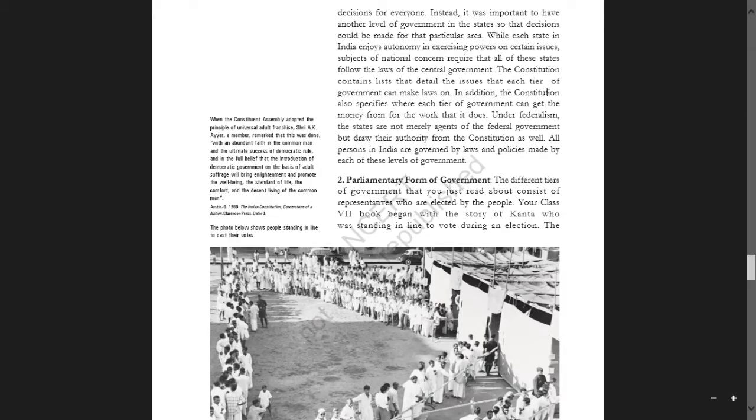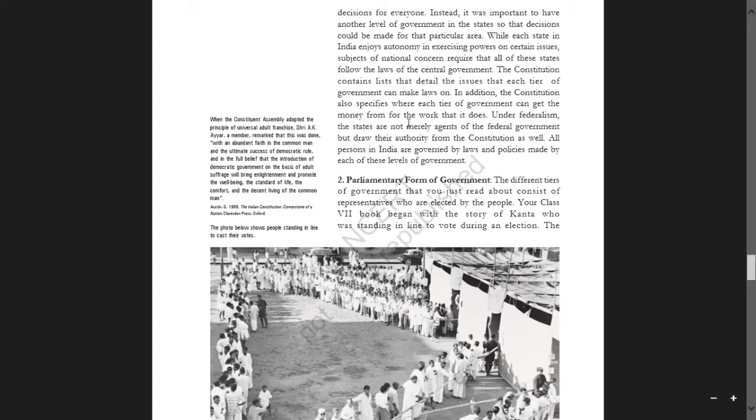In addition, the constitution also specifies where each tier of government can get the money from for the work that it does. Each tier of government, whether it is state level or village level or center, can get the money from the sources the constitution specifies for the work that it does.